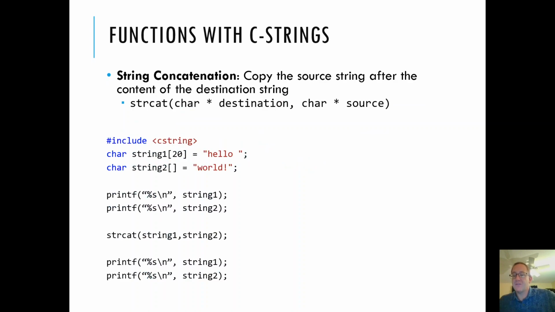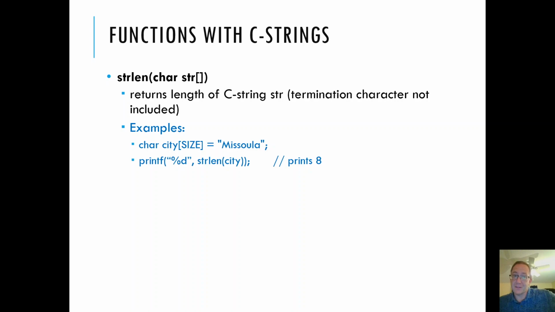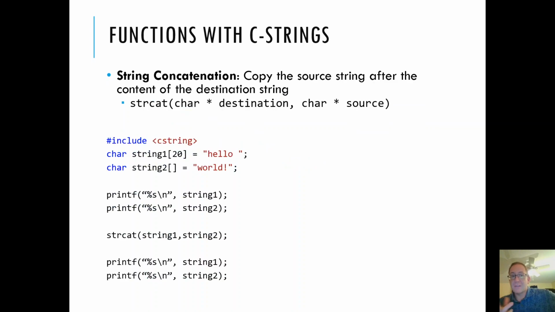You can actually try to write that function yourself. It's good practice. Next, string concatenation. Concatenation means taking two things and sticking them together, like duct-taping them together, one after the other. In this case, hello and then world. If I concatenate the two strings, it's going to put the word world at the end of hello.